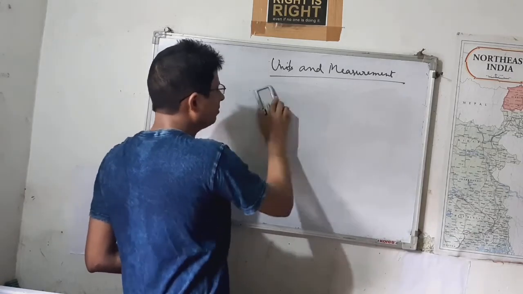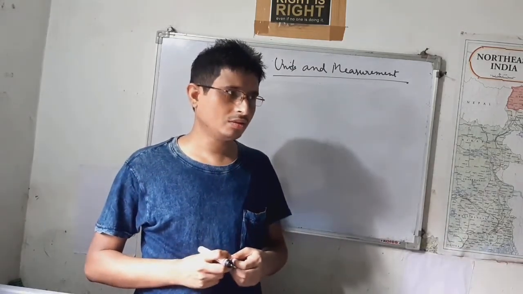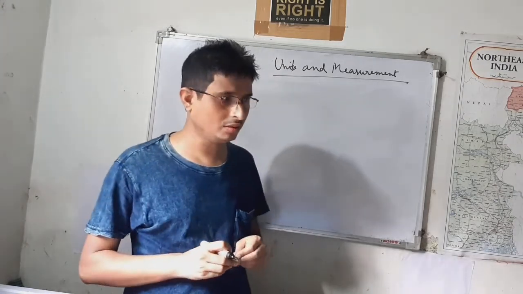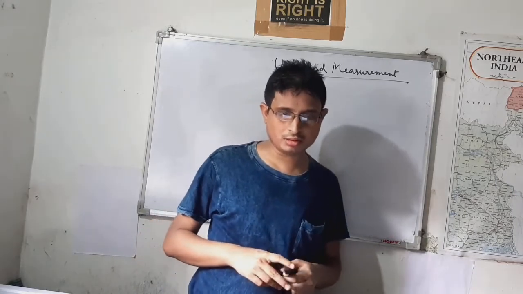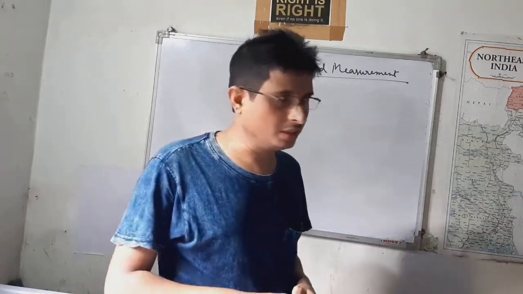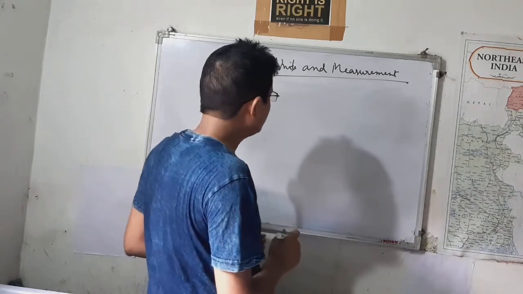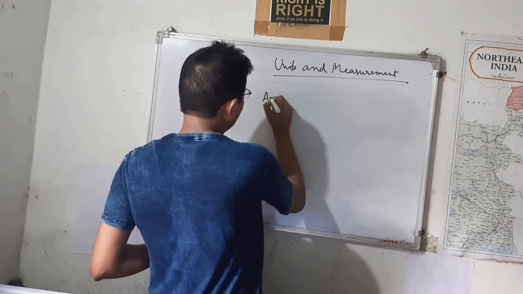So this is the parallax method. In general, the distance of a star from the Earth is very large, so we have to use some large length units. Some of them are mainly the astronomical unit.